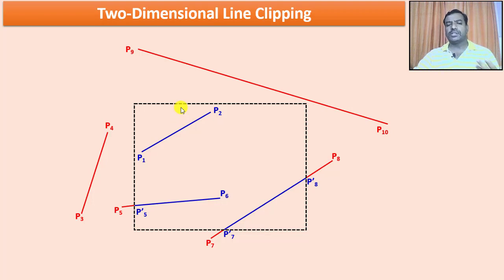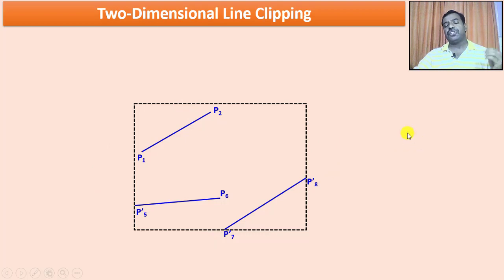We are going to discuss all these sorts of lines, and we'll see how efficiently we are going to make use of this algorithm whenever we clip out the lines which should not be displayed.